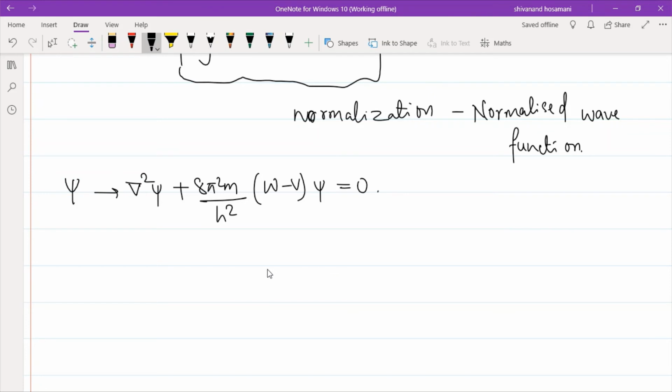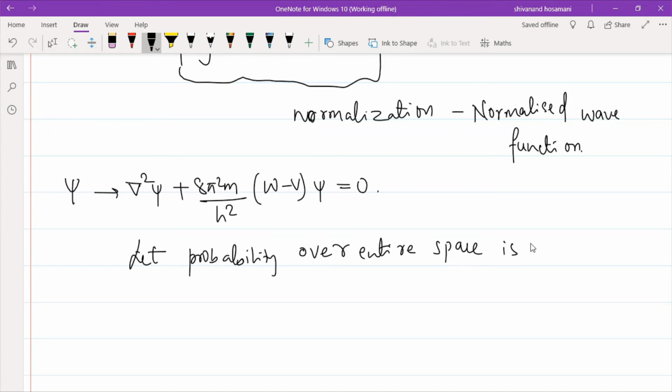The probability density over the entire space is C. Let us call the probability of getting the particle, or the probability of the wave function, over the entire space as C.